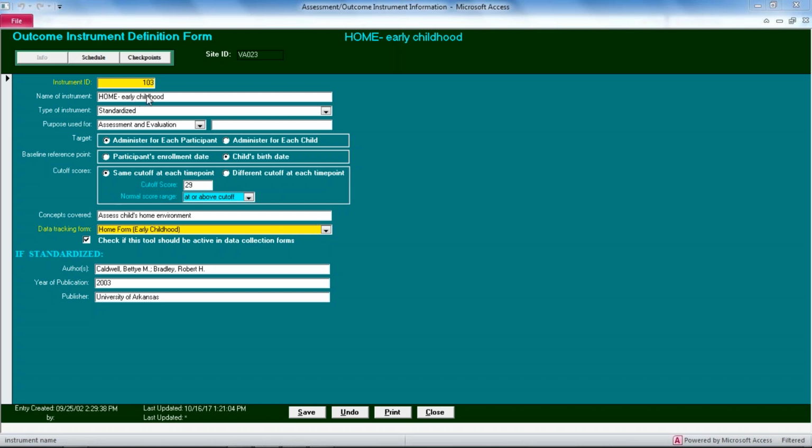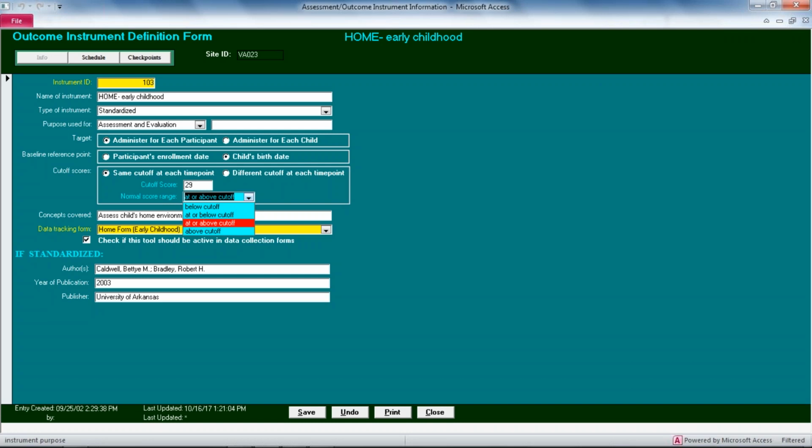Okay, so on the home early childhood, which is the second of the home done for the older children, you would set that as the same cutoff at each time point, set the cutoff score at 29, and set the normal range at or above the cutoff. The options for the normal score range are below the cutoff, which for some instruments like the Edinburgh, the normal range is below 10.